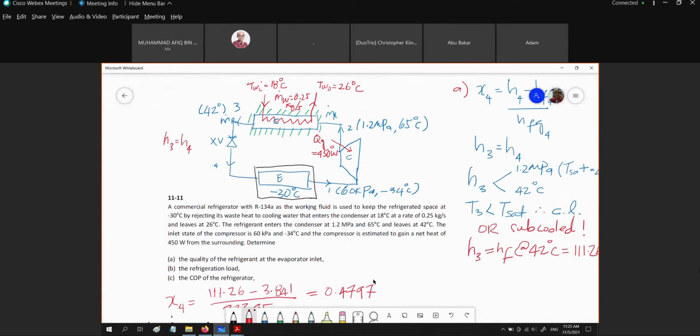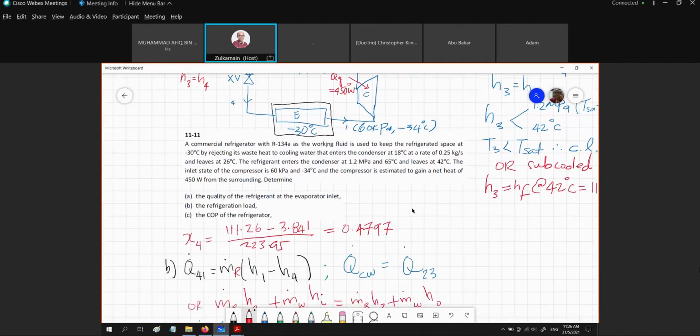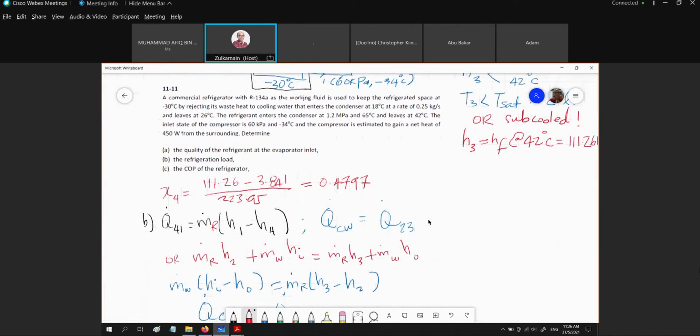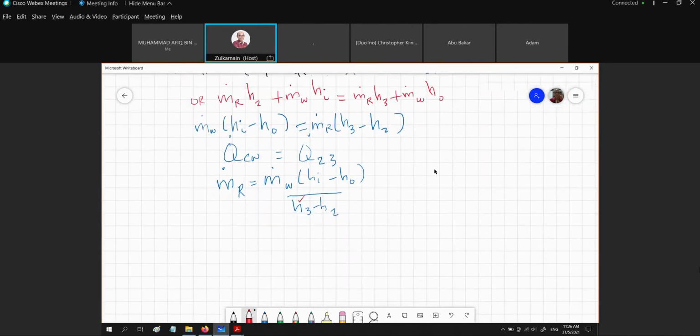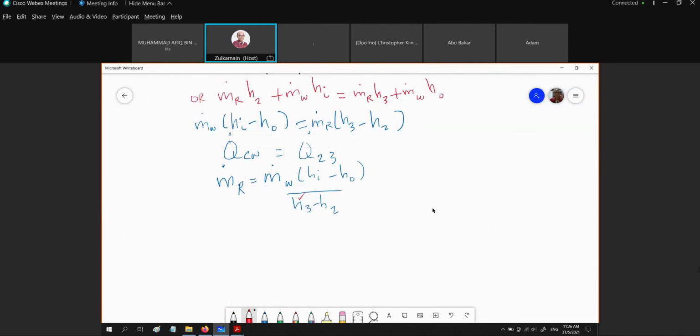In order to get the H2, we need to look at the compressor side. Remember, we have the heat gain right here, so let me sketch back the compressor.